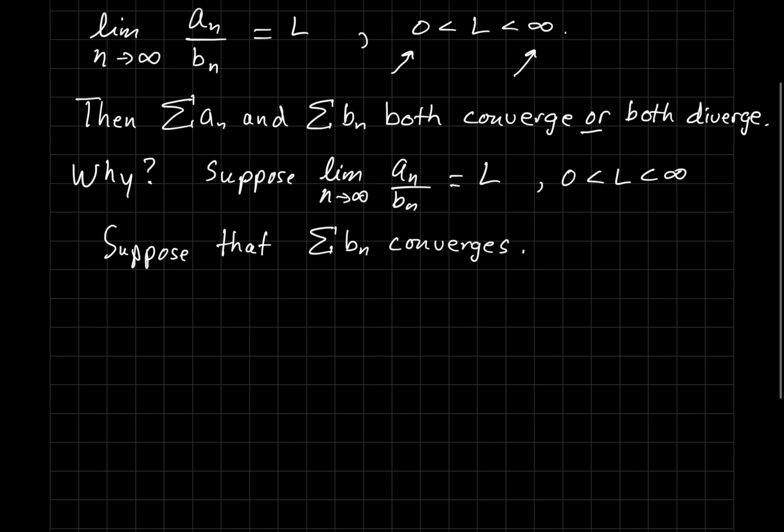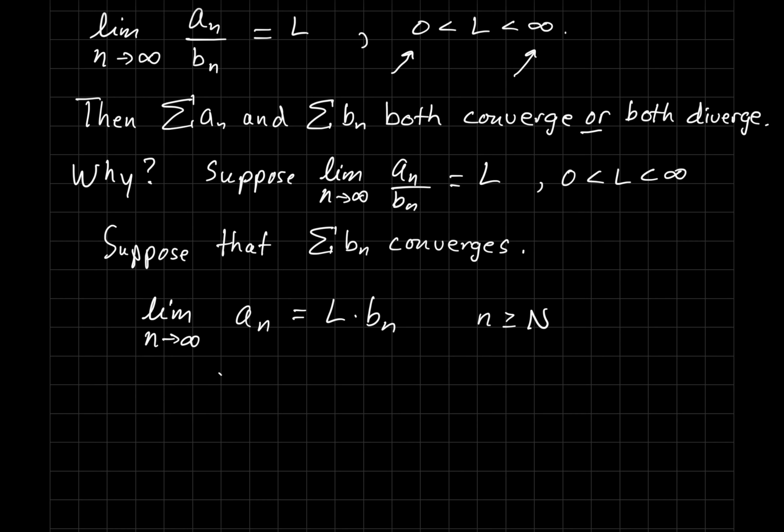What does this mean? So way out in infinity, where it matters, we have that a sub n equals L times b sub n. And let's say this is for n greater than or equal to some value, that is, big N.